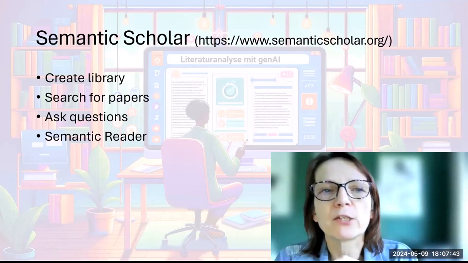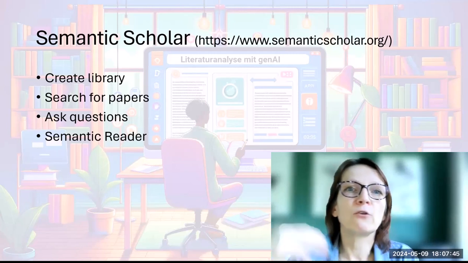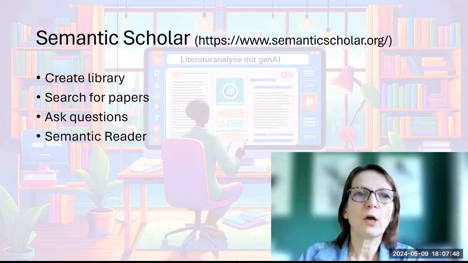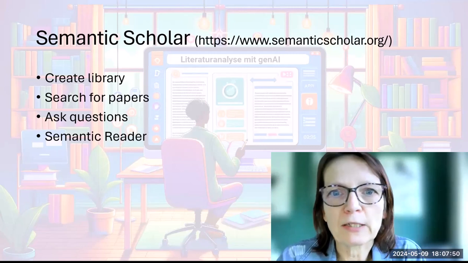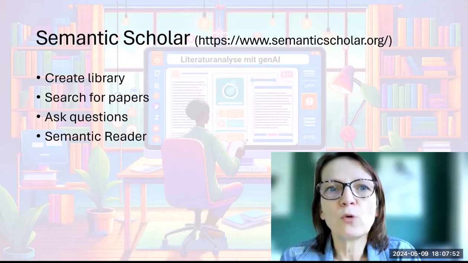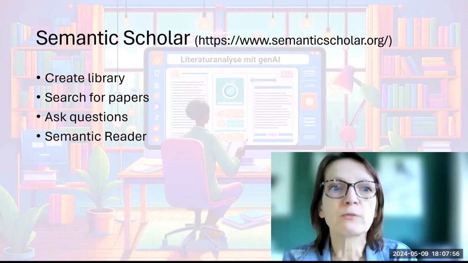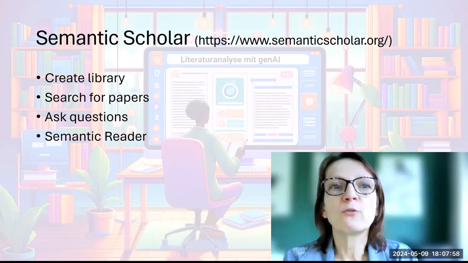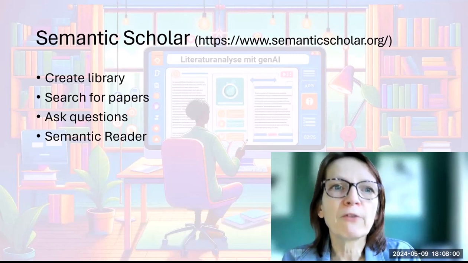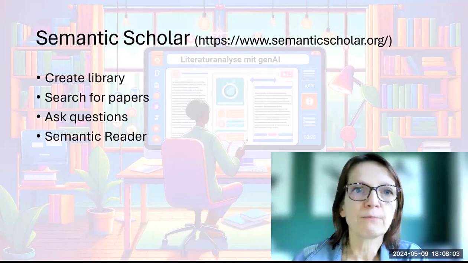And then you have a Semantic Reader, and that is a very nice thing if you want to get very quickly an overview of your article. So you can also see it's not the focus of working with lots and lots of material very quickly, but to work more easily with selected articles.